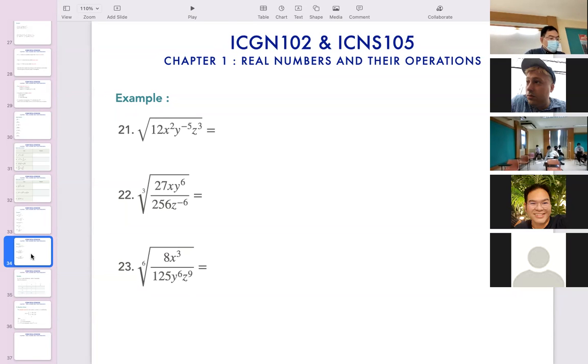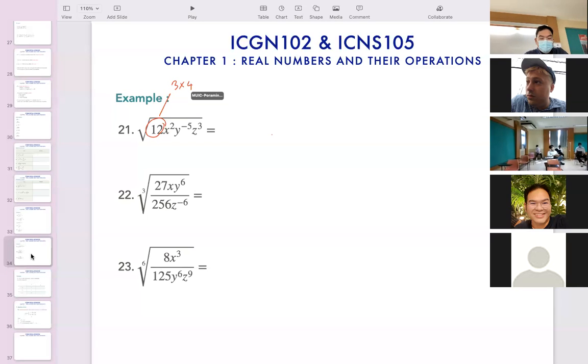For example, here you can see that you have the number 12. Inside it can be 3 times 4, right?